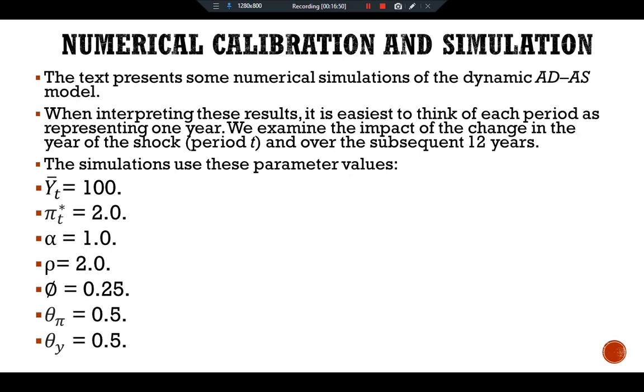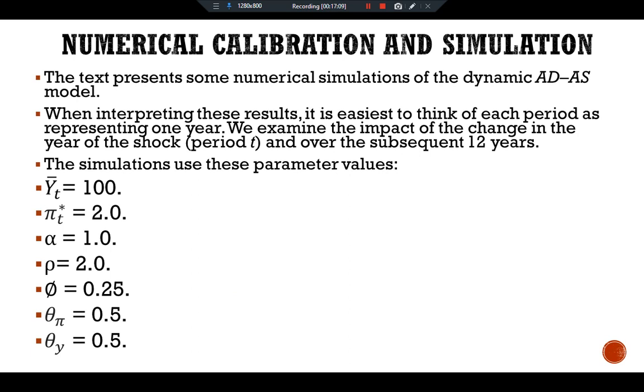So let's see the graphical presentation for this numerical calibration and simulation. In the period after the shock occurs, expected inflation is higher because expectation depends on past inflation.